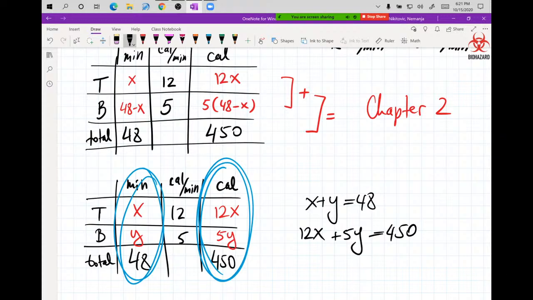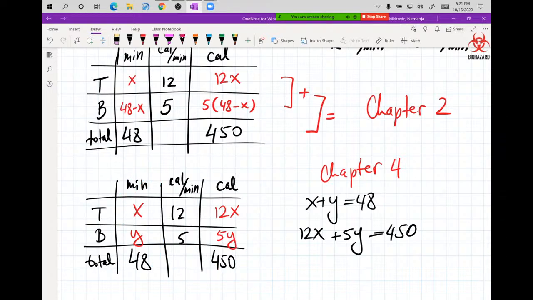So you can do it using chapter 2 still, but if you go into chapter 4, instead of placing this 48 minus x, you can put y and then have two equations.